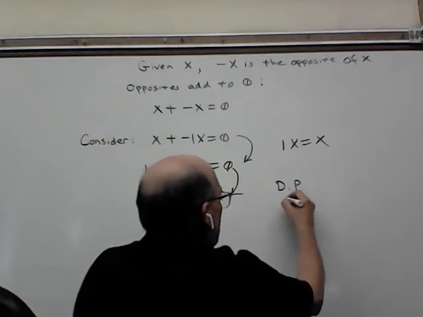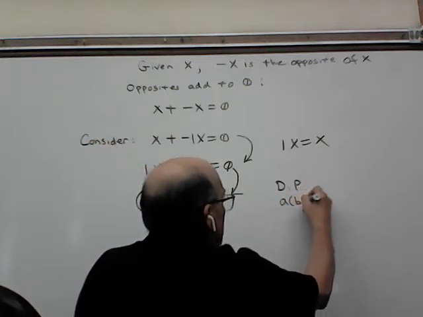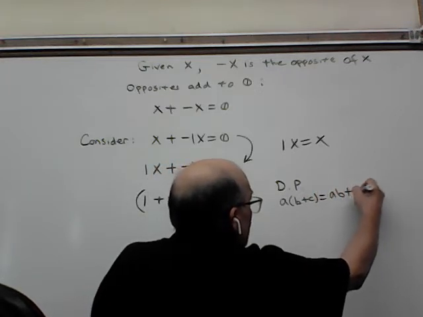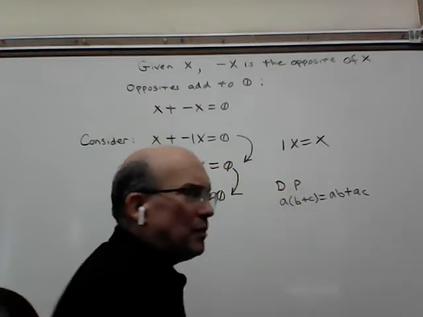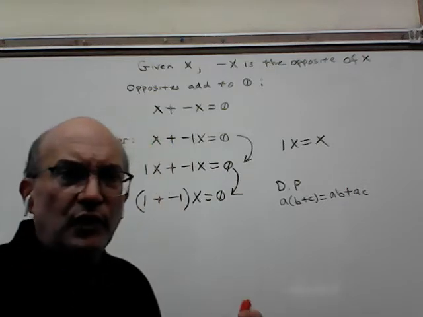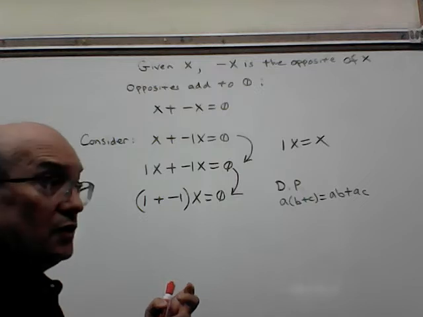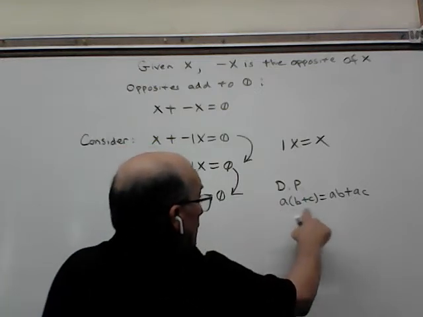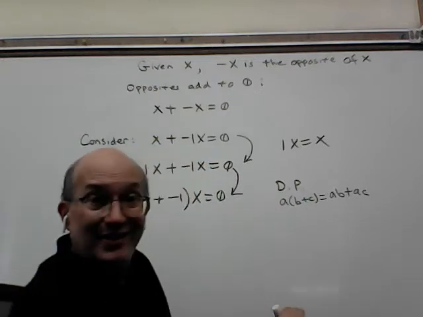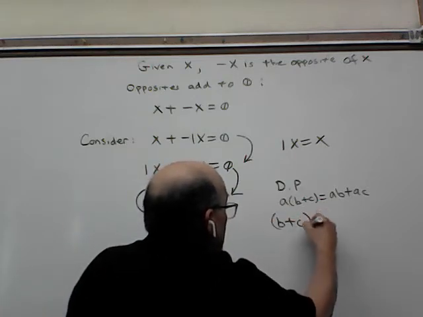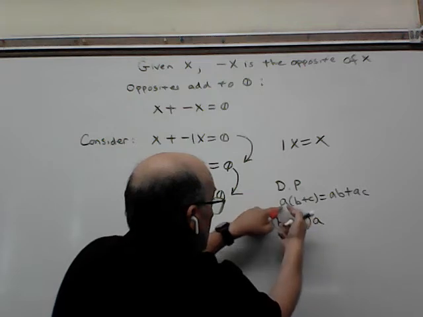The distributive property says that a times b plus c equals ab plus ac. The distributive property is incredibly powerful and useful in mathematics. Since multiplication is commutative, the distributive property is usually written like this, but you could also write it as b plus c in parentheses times a, and this is just the commutative property.